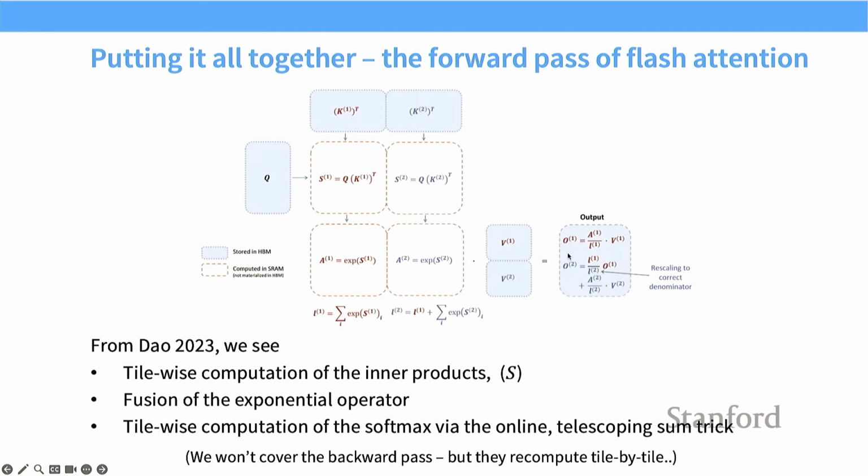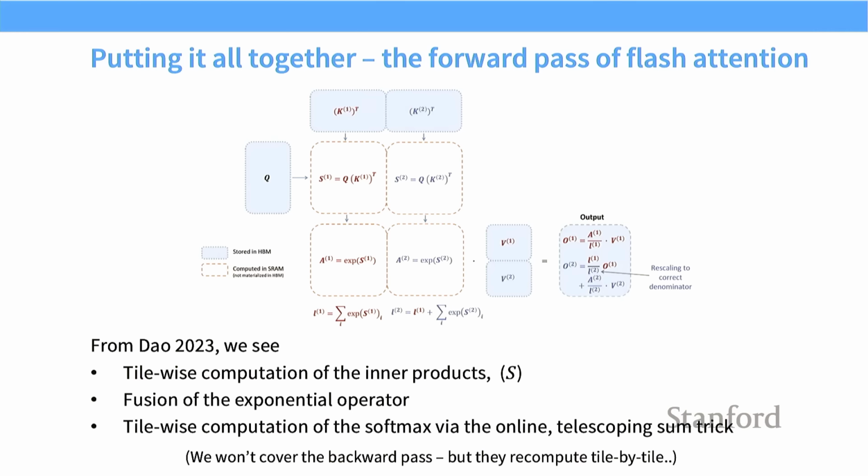Okay, so the backward pass I'm not going to cover. You can do recomputation tile by tile, which will allow you to avoid storing the softmax, right? Remember, I always want to avoid storing anything that's of size n squared. And so here I've been clever with the tiles so that I don't have to store any of the n squared components when I'm computing, for example, the softmax.